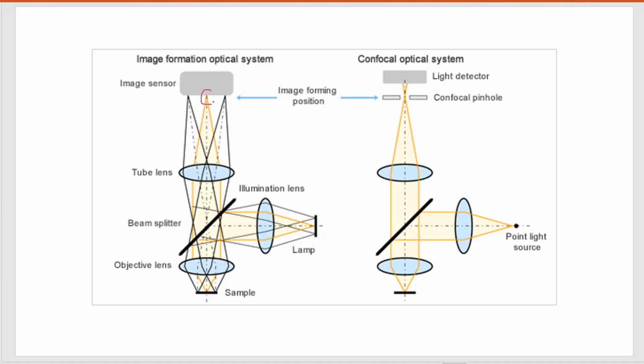This should be the main focus, but because there are some edges, light gets split into different directions and you get a blurred image because all light rays are not focused on a single point.